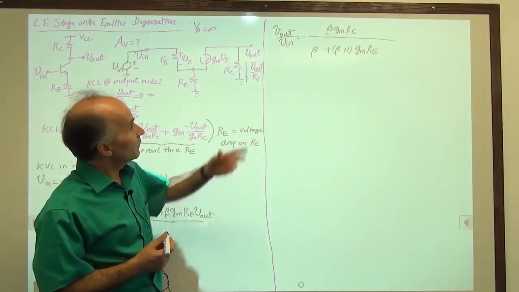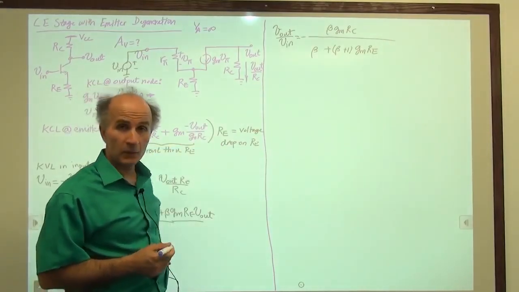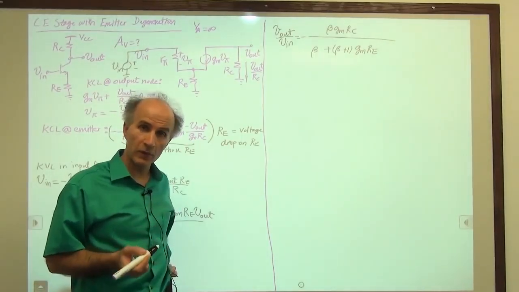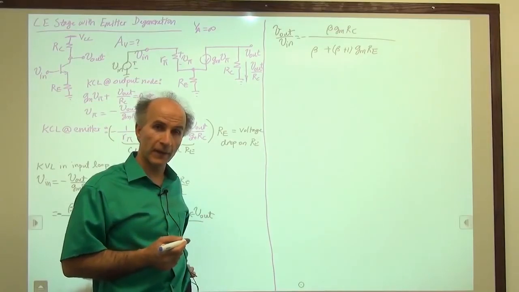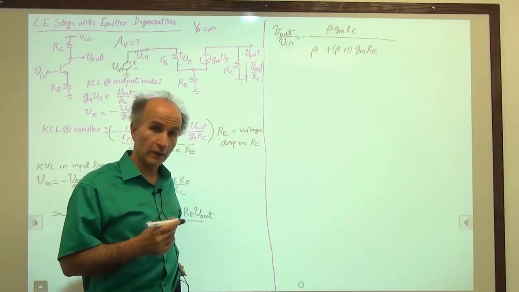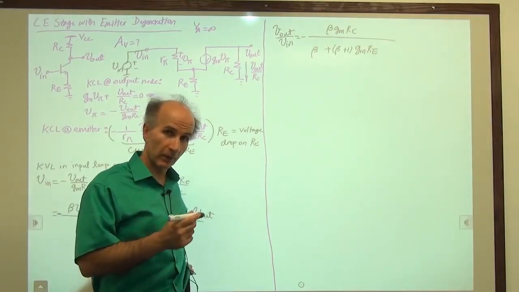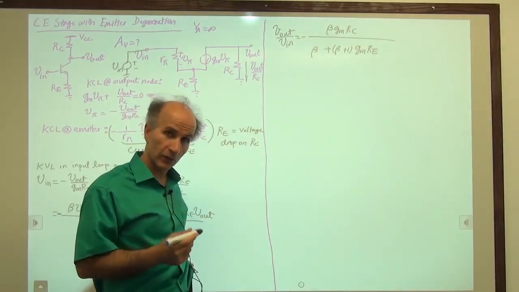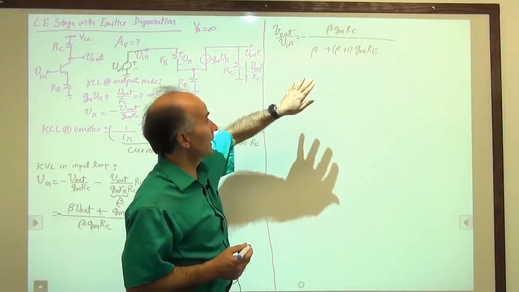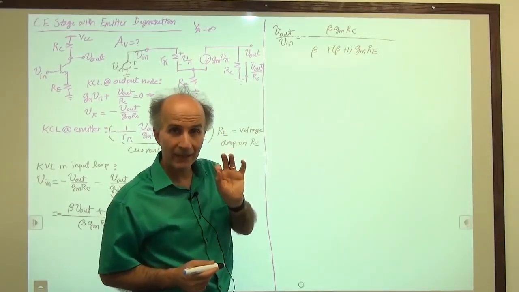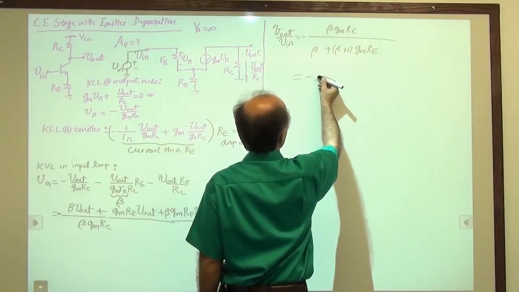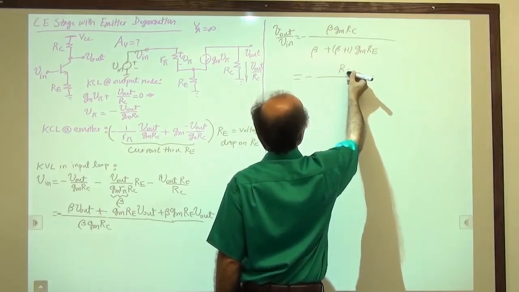All right, ordinarily we don't take this equation as is, we try to simplify it, given reasonable assumptions. One assumption that we are pretty sure about is that beta is quite high, 50, 100, 200 or something. So it's a good approximation to assume that beta plus 1 and beta are close to each other. So let's go ahead and multiply the numerator and the denominator by beta GM. So that will give us minus RC.